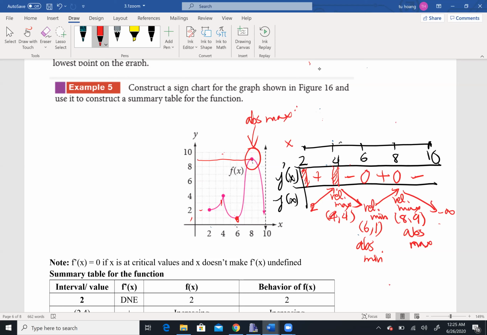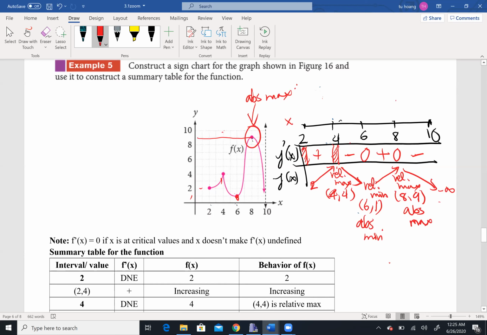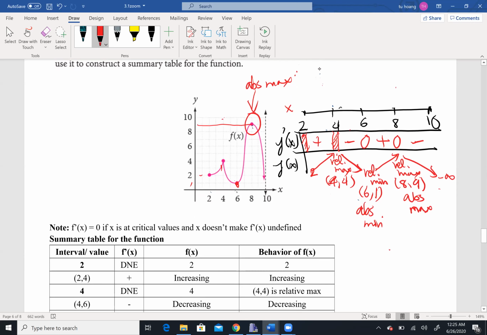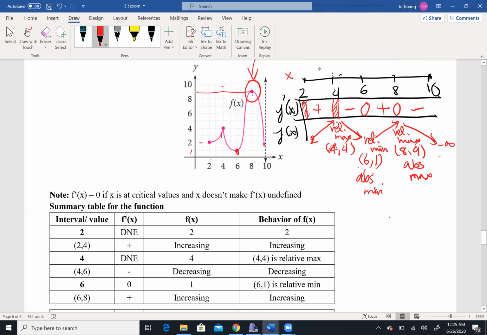for this problem. And now I'm gonna move to construct a summary table for this function. Okay, so now in the first column I have to have the interval or the value of x, right?